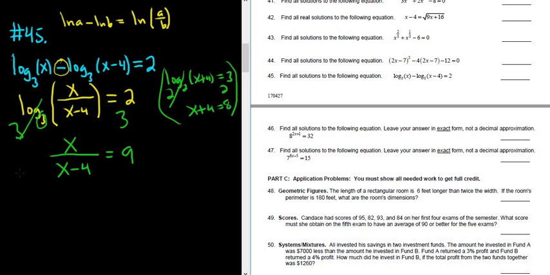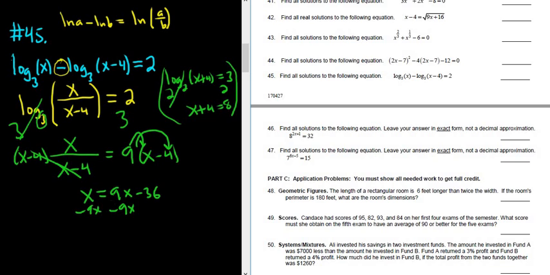All right, we're almost done. We just have to solve for x. To clear the fractions, we'll multiply by x minus 4. These cancel, so we get x equals 9 times x, which is 9x, and then 9 times negative 4 is negative 36. I'm going to go ahead and subtract the 9x, so minus 9x, minus 9x.